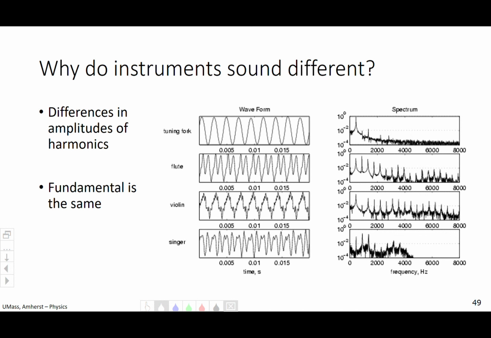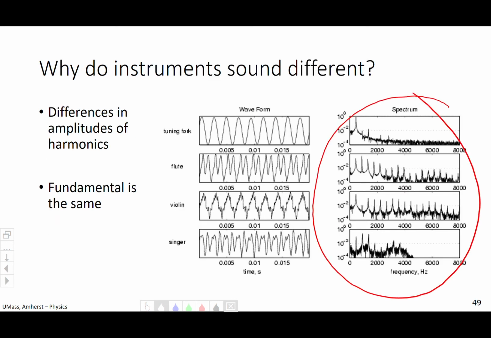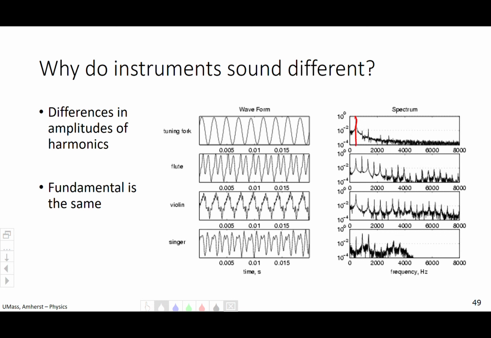But if we were to break down the amplitude of these, this is the important point. We have a very large amplitude of the base sine, so the first harmonic, and a smaller amplitude here. If we were to graph this, this would be called the spectrum analysis. So for a tuning fork, we can see that this baseline frequency has a very high amplitude.